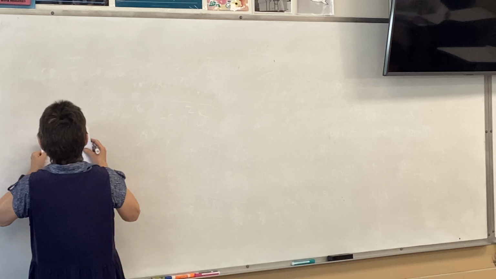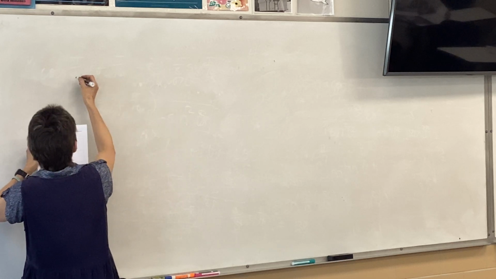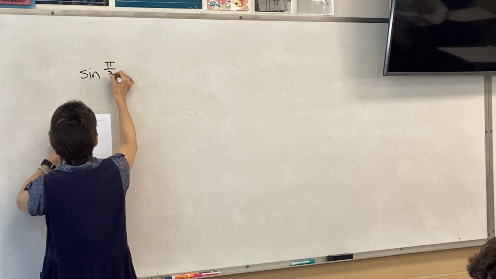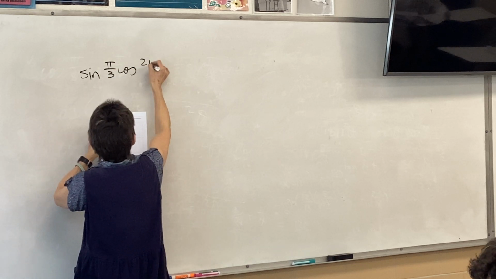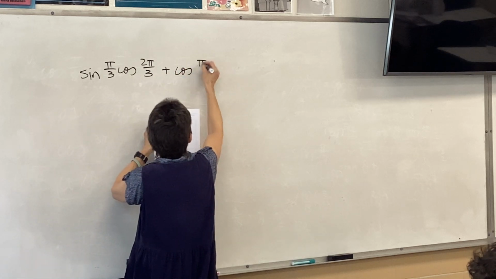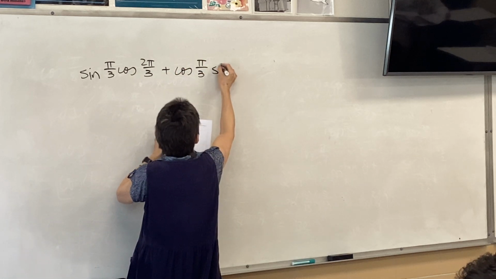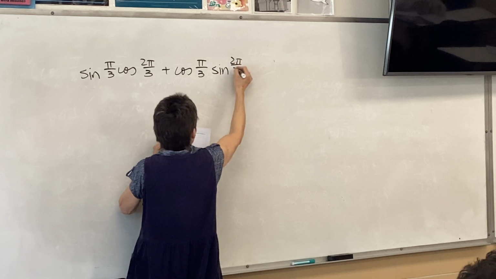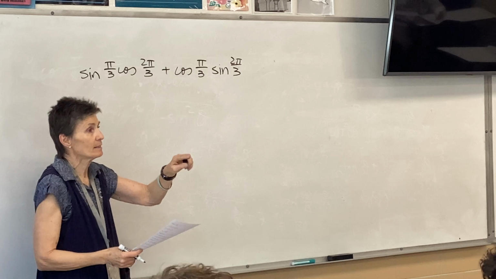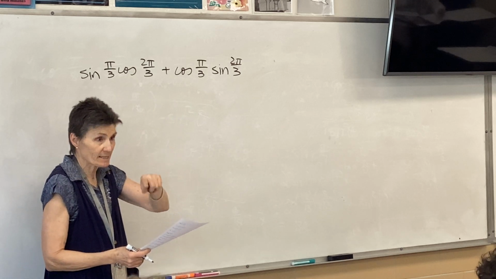So here we go. I'm going to look at statement 1. I'm trying to figure out if it's true or not. So take a look at the statement. Again, don't look at the specific angles. Look at the pattern. What is that a formula for? It is sine cosine plus cosine sine.